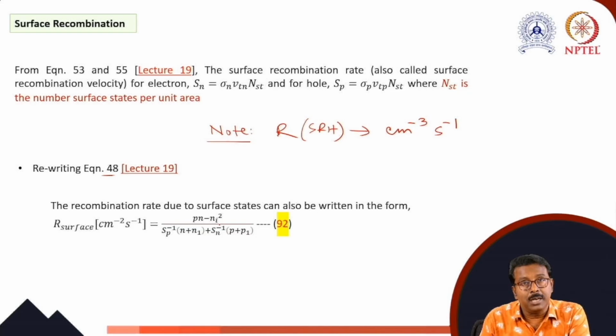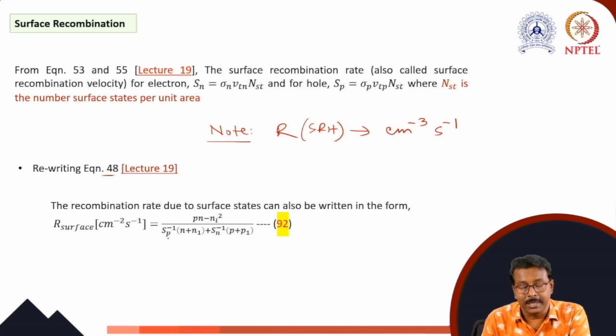Pn minus Ni square, same term, but in the denominator it is Sp inverse times (n plus n1) plus Sn inverse times (p plus p1). It was tau p and tau n in the case of bulk, but here Sp is the surface recombination velocity. Its dimension is centimeter per second or meter per second.